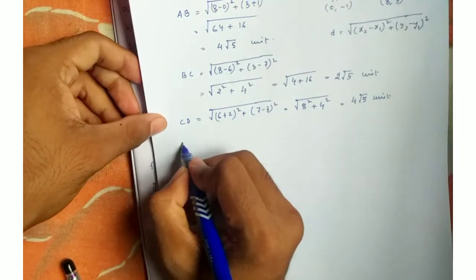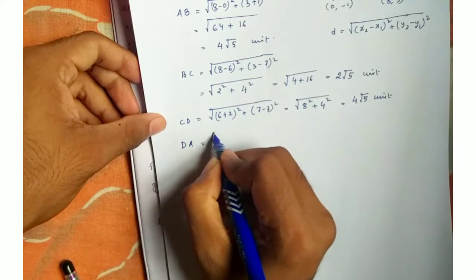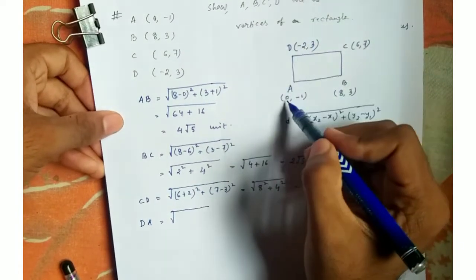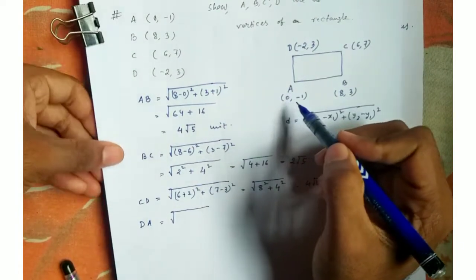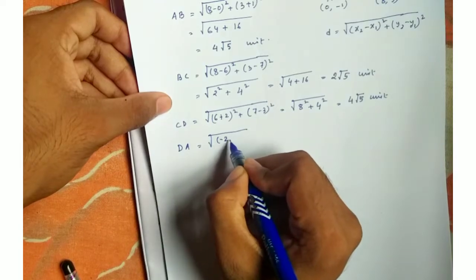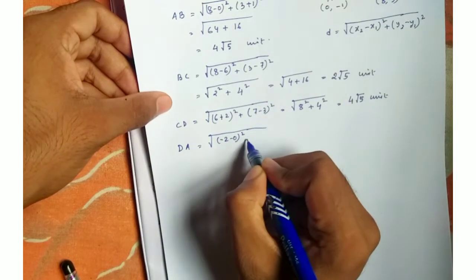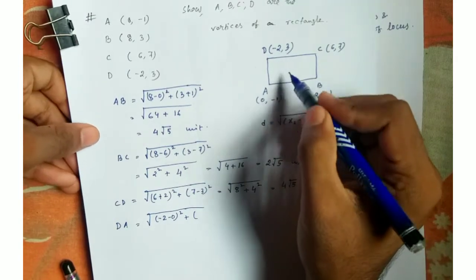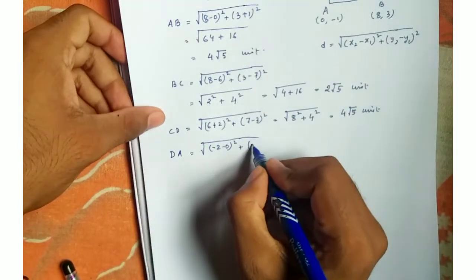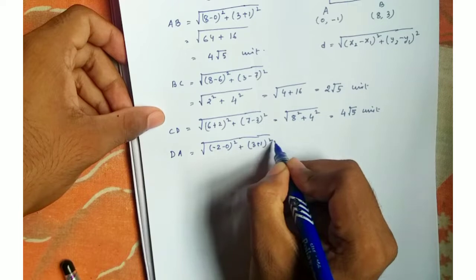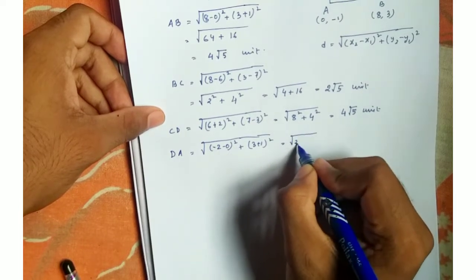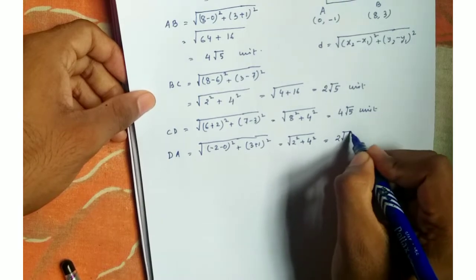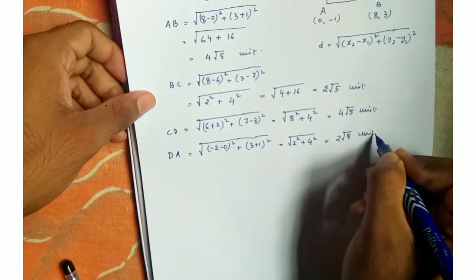And ultimately DA: to find DA, it will be (minus 2 minus 0) whole square plus (3 minus of minus 1, that is 3 plus 1) whole square. It will be 2 square plus 4 square, it is also 2 root 5 unit.